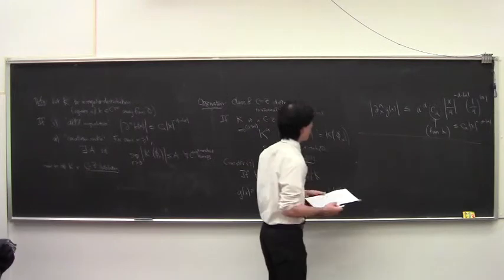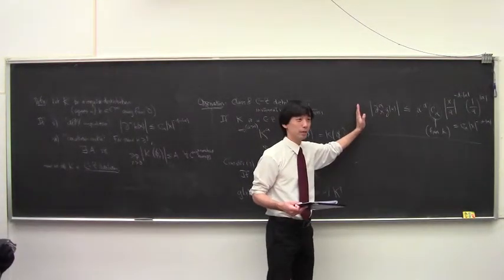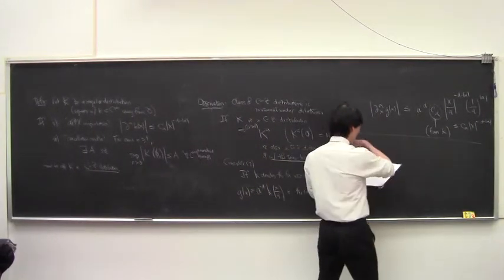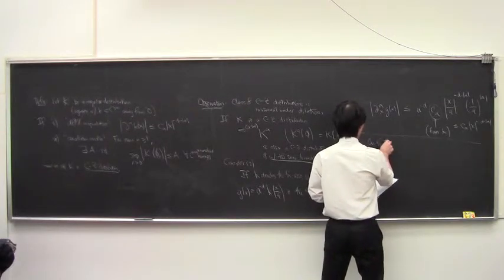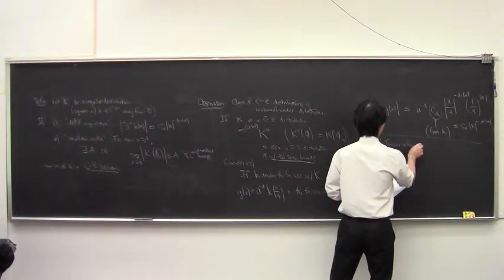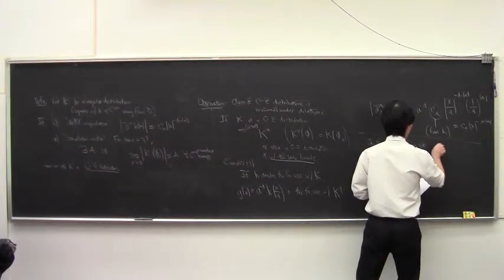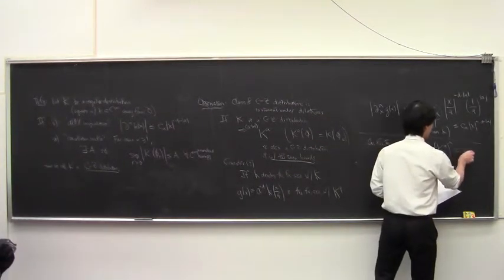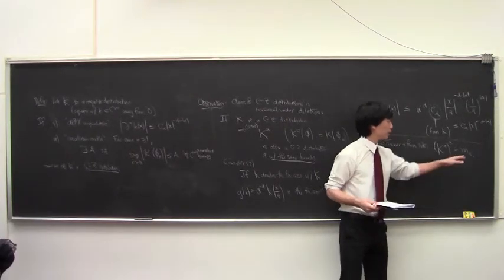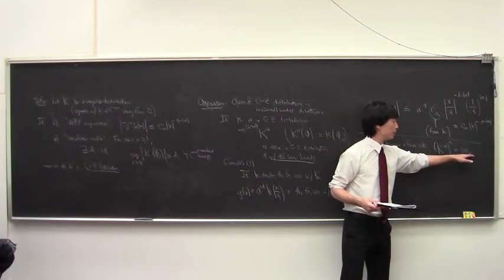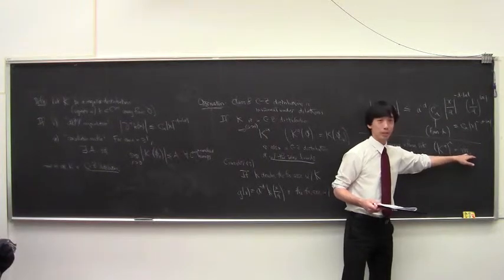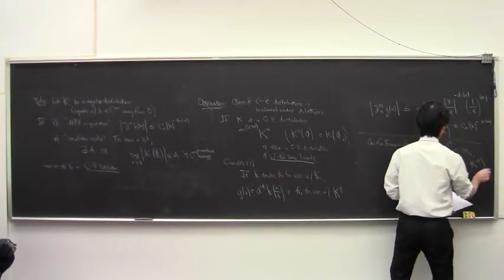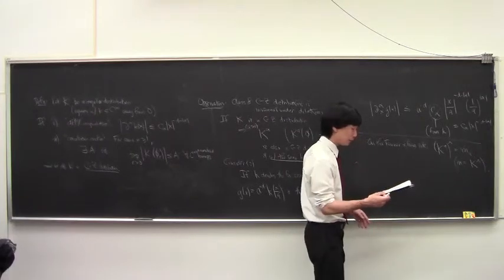You can also see this on the Fourier transform side. If you're thinking of Calderon-Zygmund distributions on the Fourier transform side, if you take the Fourier transform of the dual dilated K, you get the dilation of the Fourier transform, where m is the Fourier transform of K. So you can see that's an easy calculation.